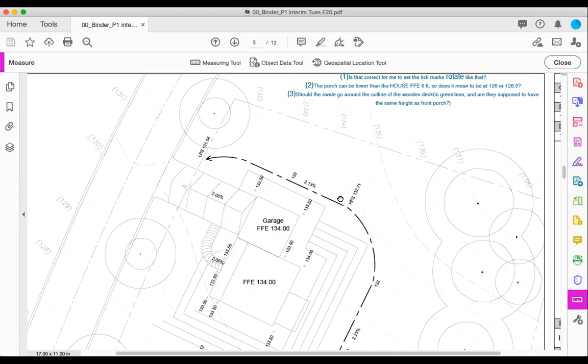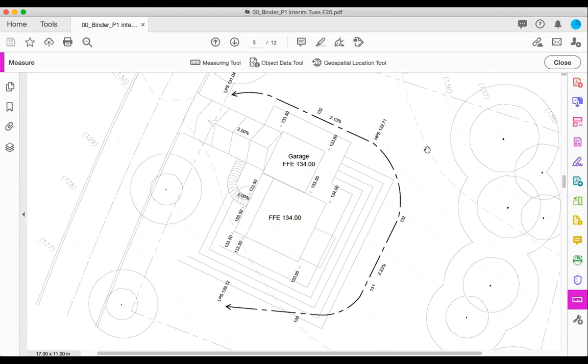When I first look at your drawing, I noticed there's something that needs to be changed. Okay, the garage FFE, as I mentioned before, it's the easiest if you grade it 0.5 below the FFE of the house. So basically, this will be 135.0, 34.5, 33.5.